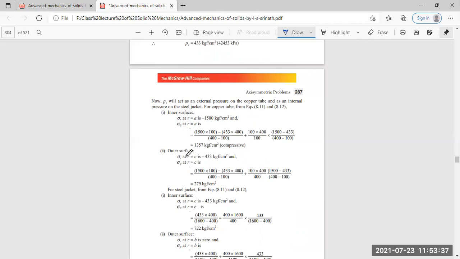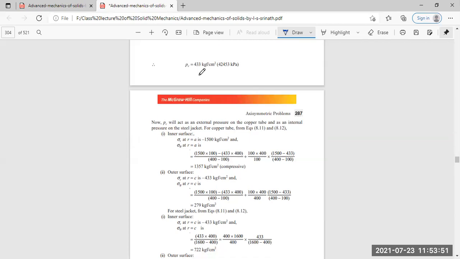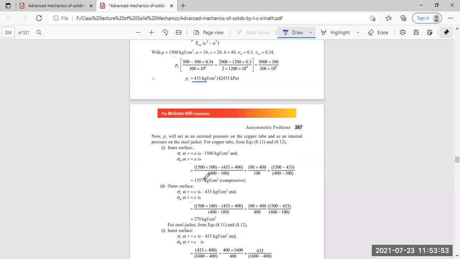And at the outer surface, sigma R at R equal to C, meaning the inner surface of the steel jacket radius, is equal to 433 kg per centimeter square. And sigma theta there, putting in the respective values, we get 279 kg per centimeter square for the steel jacket.